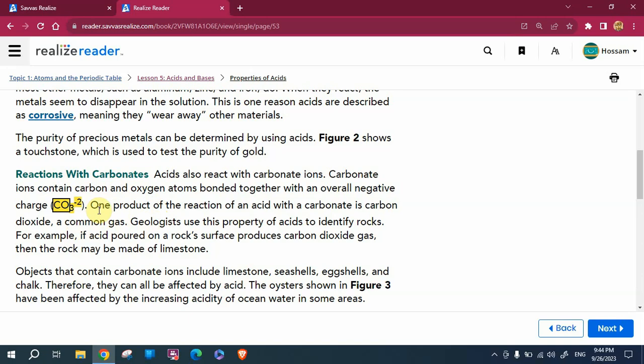One product of the reaction of an acid with a carbonate is carbon dioxide. So when you add acid to any carbonate compound, carbon dioxide gas evolves, like what happened when you put drops of vinegar on sodium carbonate or baking soda.